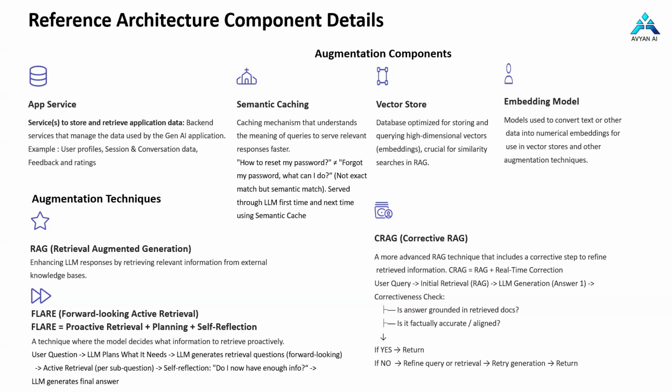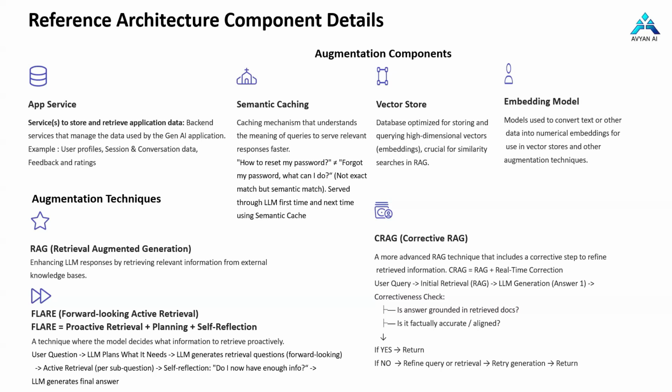People who have really worked on the RAG architecture will appreciate these new things that are coming up, like corrective RAG. The third one is FLARE, forward-looking active retrieval. It's proactive retrieval plus planning plus self-reflection. Right now in the RAG architecture, we retrieve from the vector DB and give that information once and for all to the LLM.